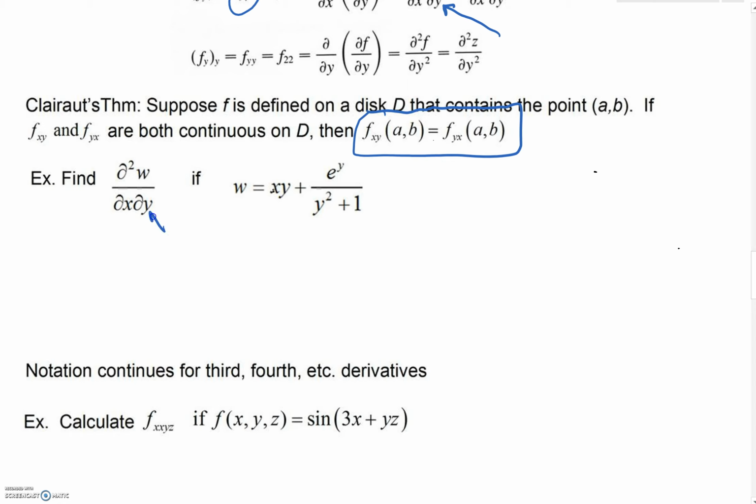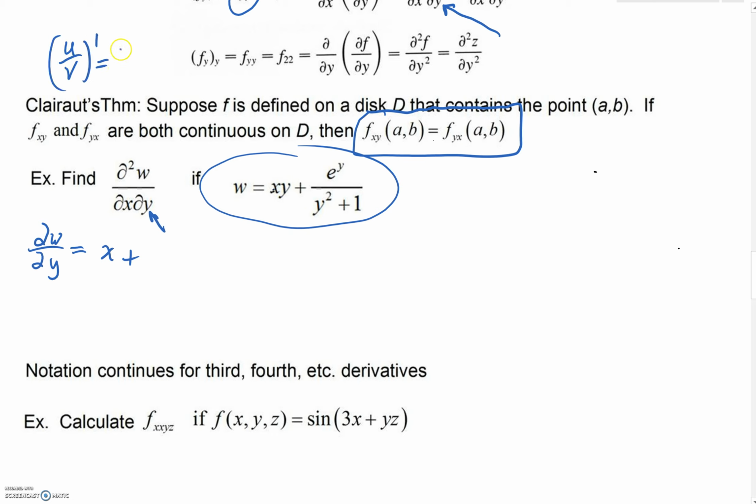I think you can see with our deltas, we first are going to have to take a derivative with respect to y. And as you look at this, you're going to see, well, w is rather complicated. The derivative of xy with respect to y, that's just an x. And now we're going to need, you guessed it, once again, the quotient rule, low d high minus high d low all over low squared.